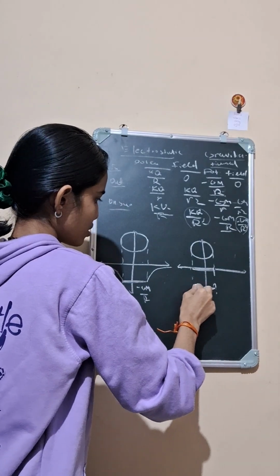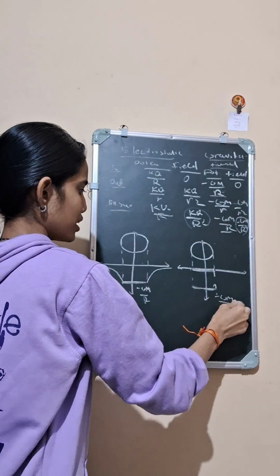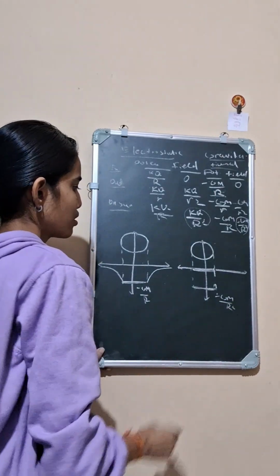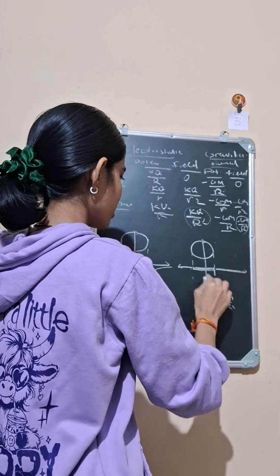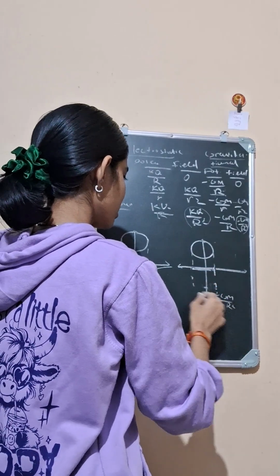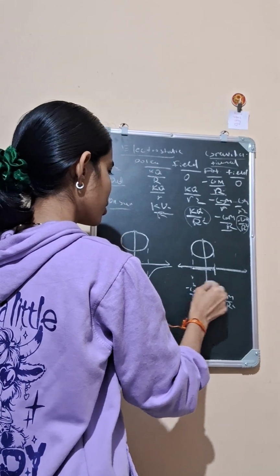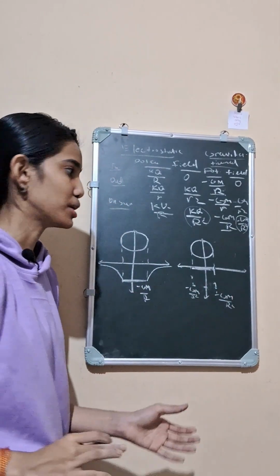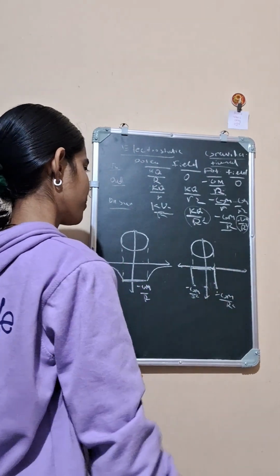Let us suppose this is minus Gm by capital R square. Sorry, inside it is 0, and for the point on the surface it is equal to minus Gm by capital R square. It looks something like this.